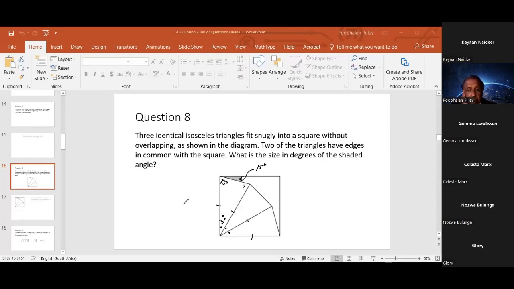So what's important is that you have to explain why these two angles are equal here. See, because these triangles are identical. All right, so let's just get on. If you want to have a really rigorous proof of why these sides are equal, you can do it like this.